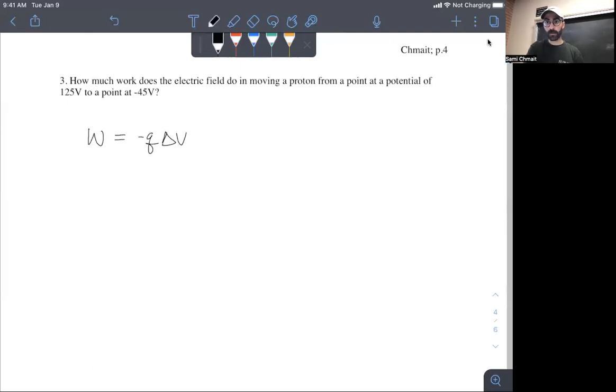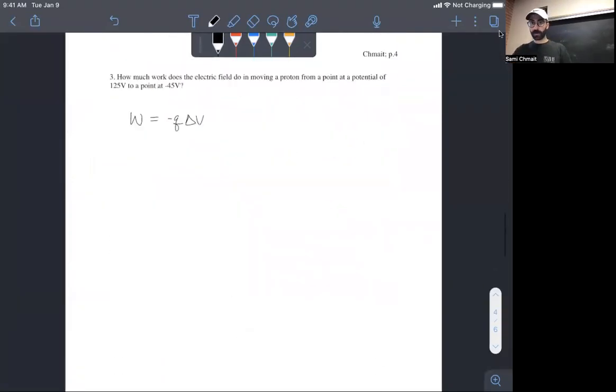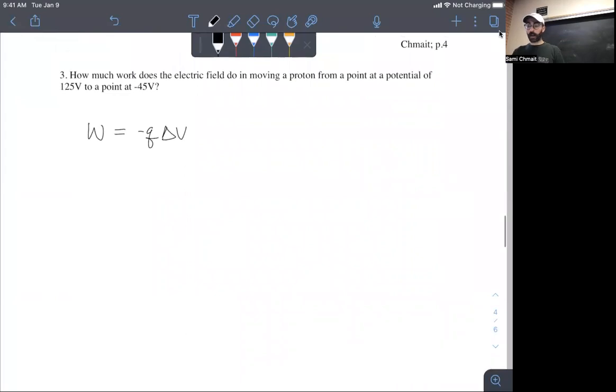Or, as we'll say here, the potential from this position to this one. So that means the minus 45V is the final. I'm going to call that VA.